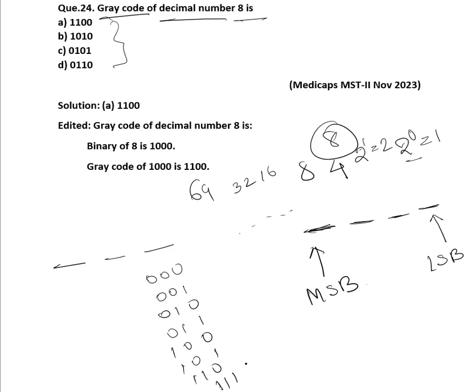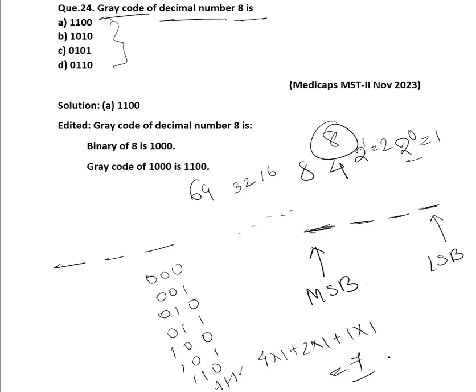If we look at the positional weights, here we have 1, here 2, here 4. So 4 into 1 plus 2 into 1 plus 1 into 1 will be equal to 7. So by using 3 bits, we cannot represent the decimal number 8.